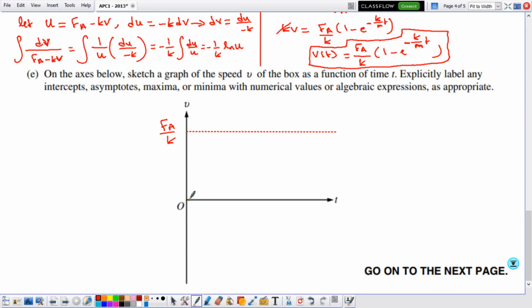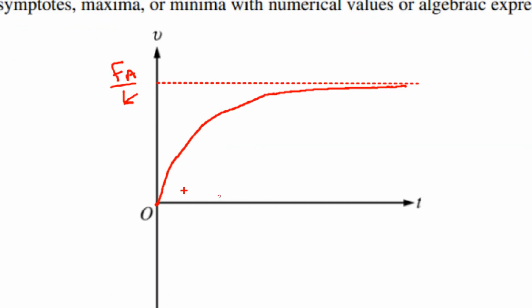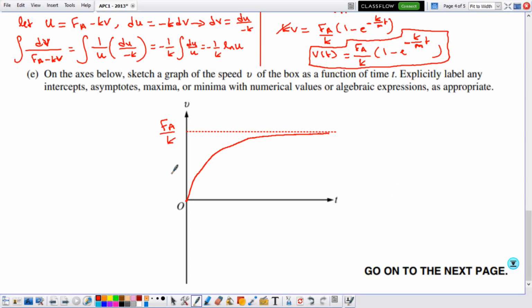It starts from an initial value of 0, so we expect that the function will grow something like that. What is important here is that your curve should appear as an exponential function starting from 0 and trying to reach the asymptote after a good amount of time, and the asymptotic value is given by the terminal velocity.